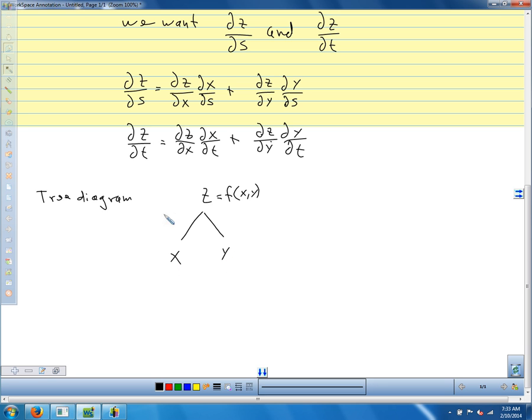So there are two variables. Along this branch of the tree we do ∂z/∂x. Along this branch of the tree we do ∂z/∂y. And then if these two are functions of other variables, then we go along our other branches of the tree. So this would be the partial of x with respect to s, the partial of x with respect to t, and the same thing for y.